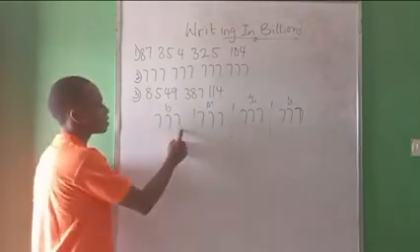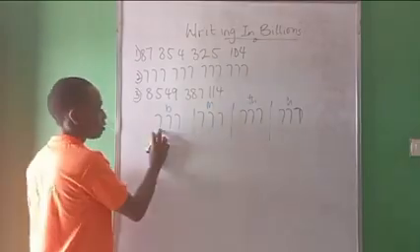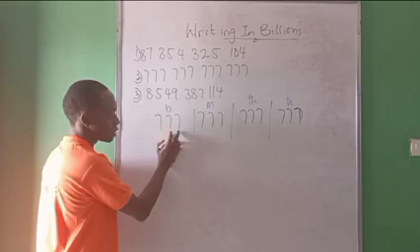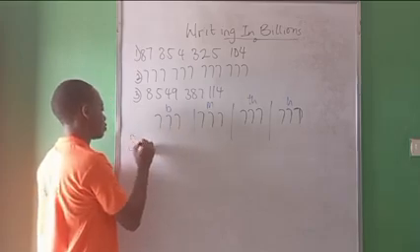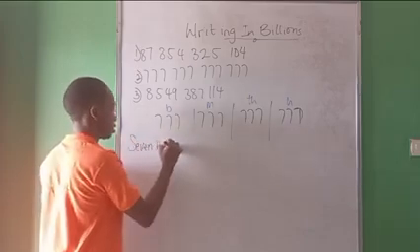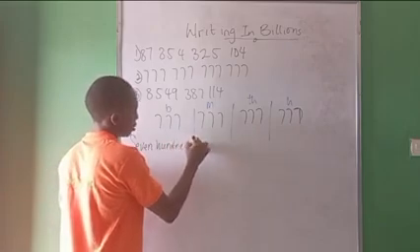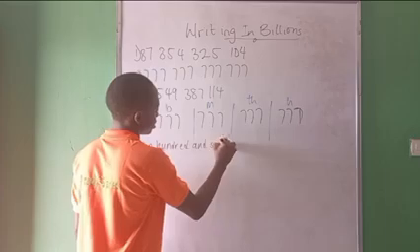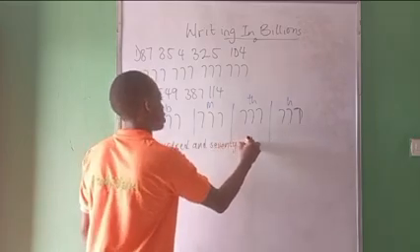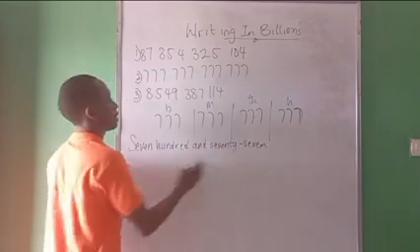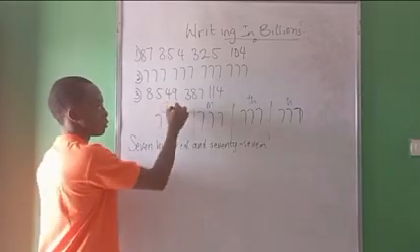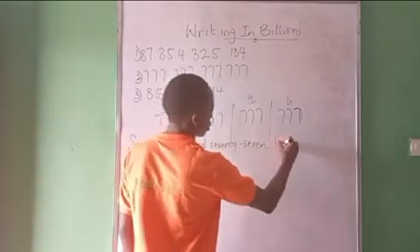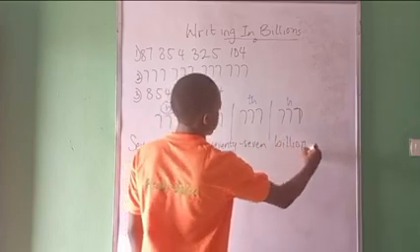And so 7, 7, 7 is what? 777. 777 what? What was the label of the group? Billion. Yeah, you are correct.